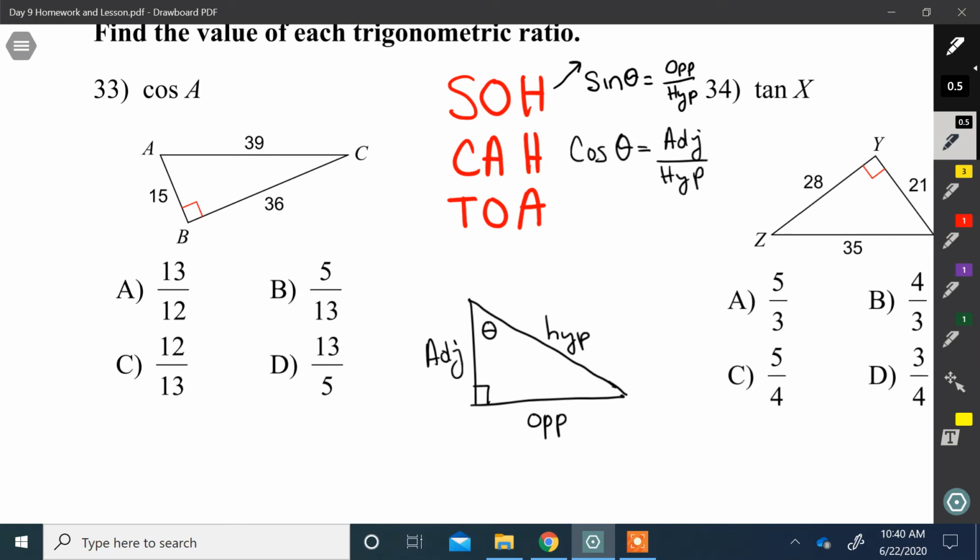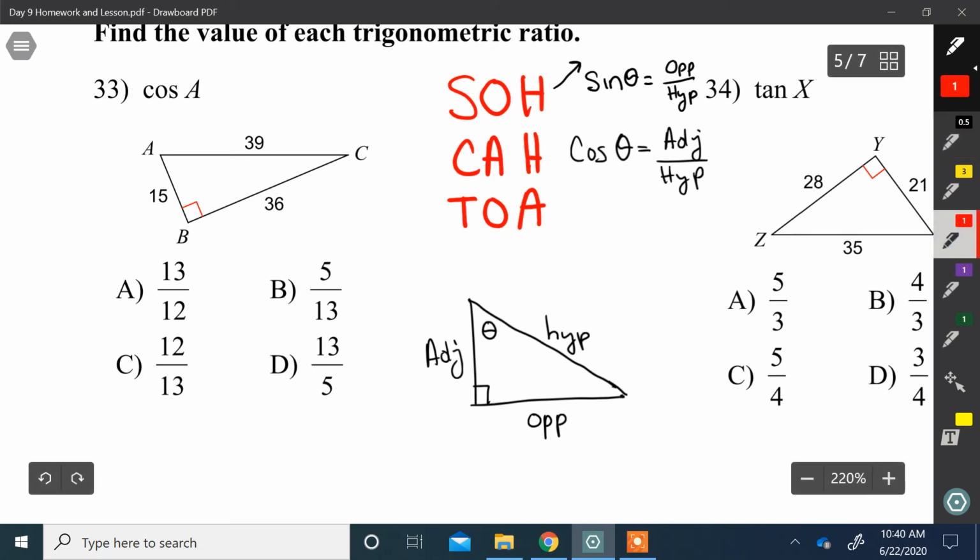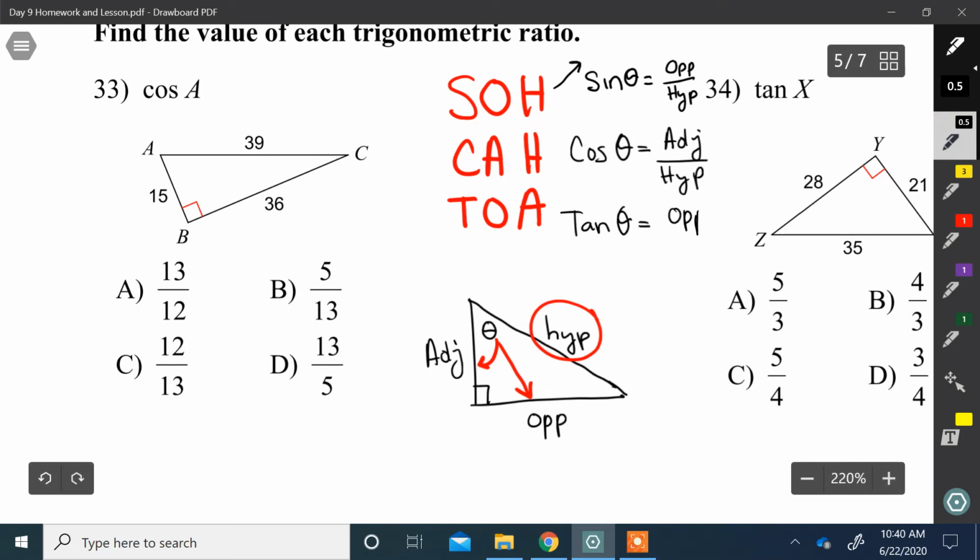Okay, and those two tend to get confused, but the hypotenuse is always the same one. The hypotenuse is always the same. So we have an opposite side, we have adjacent, and then the hypotenuse always is the one that is facing the 90-degree angle. And then we also have tangent of theta is equal to the opposite over the hypotenuse.